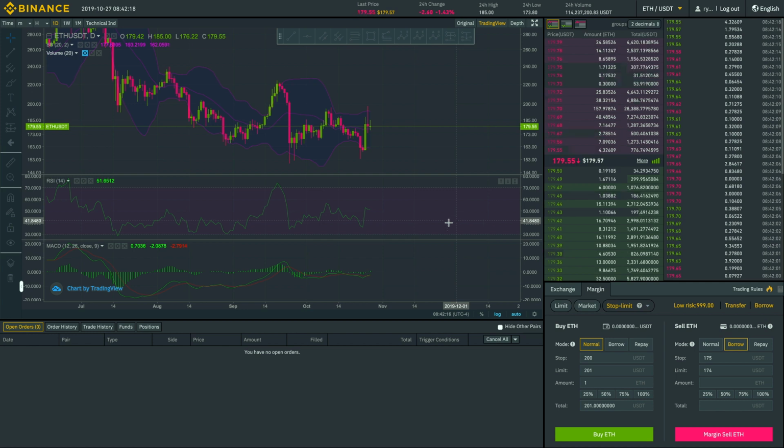But if it goes the opposite way, then it's going against you. So again, personally, I wouldn't suggest using margin for anyone. Margin is not a good idea unless you know what you're doing, unless you've been trading for some time and you have experience with it. But for myself, I don't really trade margin.